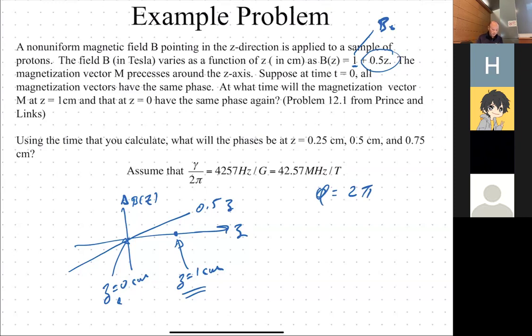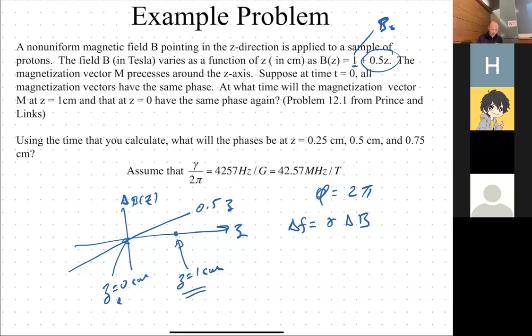So we know that the relative frequency shift, the delta frequency shift, is going to be gamma times the delta B. That's the increase in frequency.